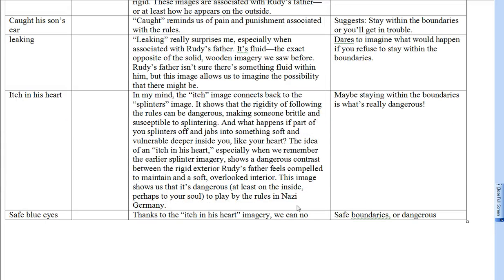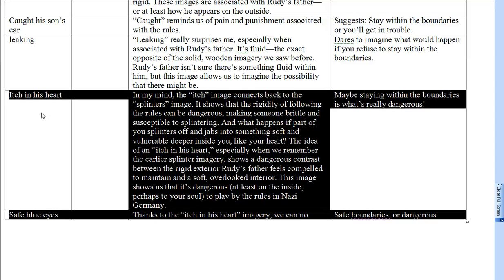When I get to looking at itch in his heart and safe blue eyes down here, I'm starting to see how these boundaries fit together. The pattern of boundaries. Rudy and his dad could play by the rules of Nazi Germany and do what Hitler tells them to do and hold up this idea of safe blue eyes. But there's a danger in it.